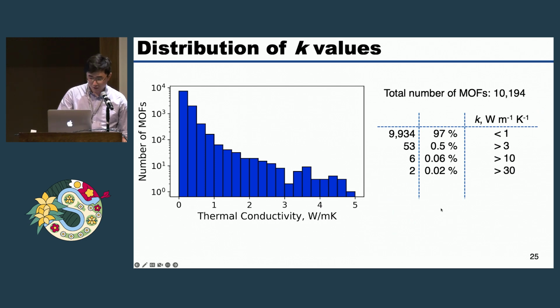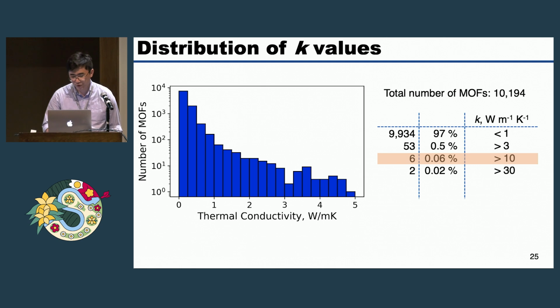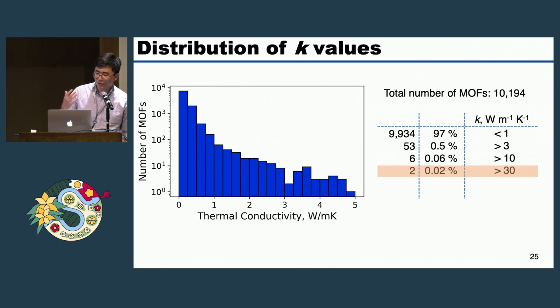Okay, now let's finally talk about the thermal conductivity values. 97% of all MOFs had thermal conductivity less than 1, which is expected because MOFs have low thermal conductivity. But we were able to find 6 MOFs, including 2 that had ultra high thermal conductivity. We were very lucky; we found a needle in the haystack.